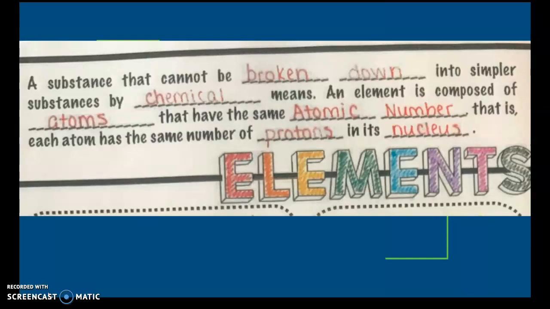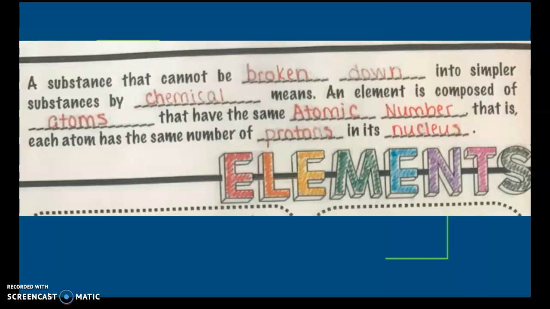Now, when we learned about the protons, neutrons, and electrons, we learned that the atomic number can also stand for our electrons in our atom. But as we keep studying elements and chemistry a little bit more, you're going to learn that the number of electrons and neutrons in an atom can change. The number of protons will never change.